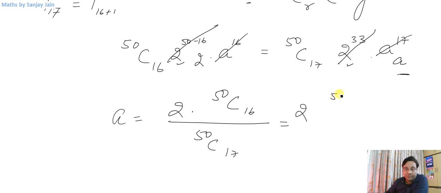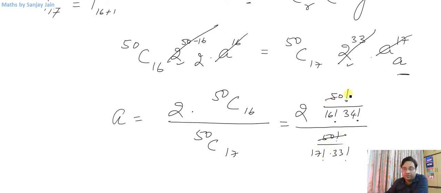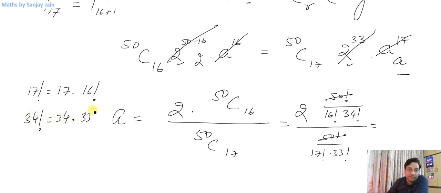So 50 factorial by 16 factorial into 34 factorial, divided by 50 factorial by 17 factorial into 33 factorial. 50 factorial gets cancelled here, and 17 factorial I'll write as 17 into 16 factorial, and 34 factorial I'll write as 34 into 33 factorial.